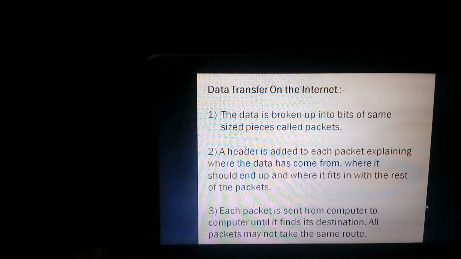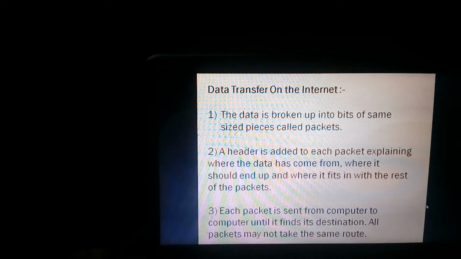data, and where it fits with the rest of the packets. Means what is the sequential number of that particular packet with the whole data. Means what is the sequential number of that packet in the rest of the data. That is called where it fits with the rest of the packets.